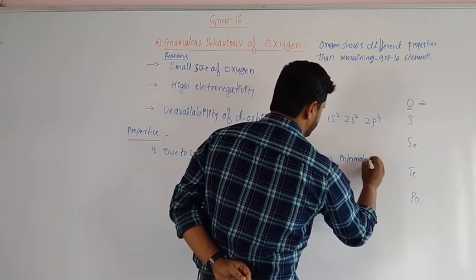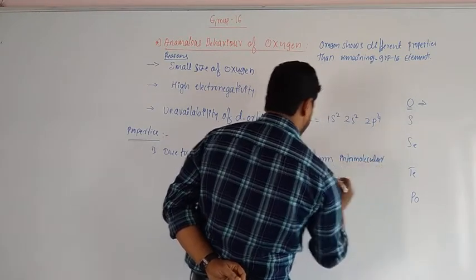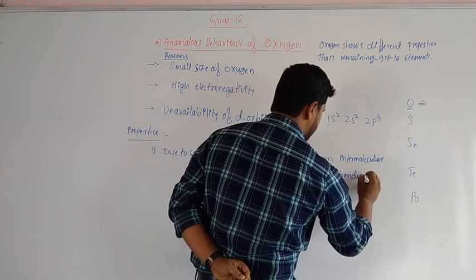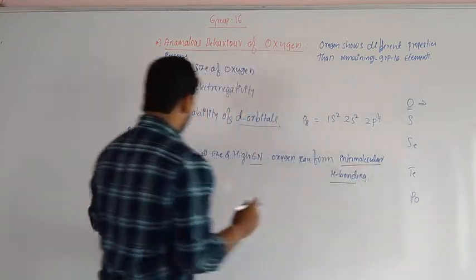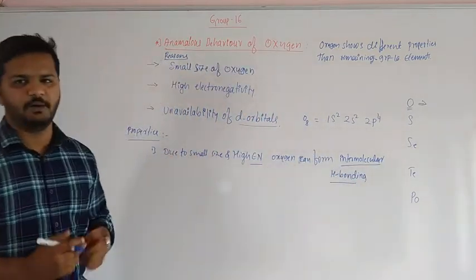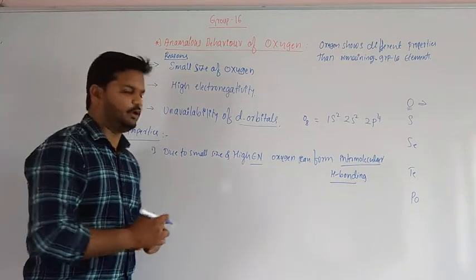Oxygen can form intermolecular hydrogen bonding. Due to small size and high electronegativity, oxygen can form intermolecular hydrogen bonding.